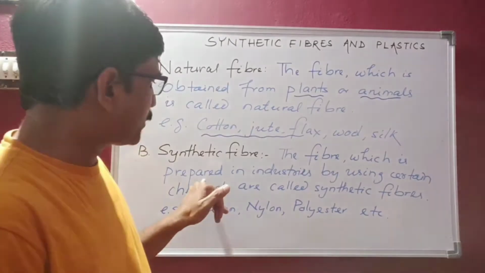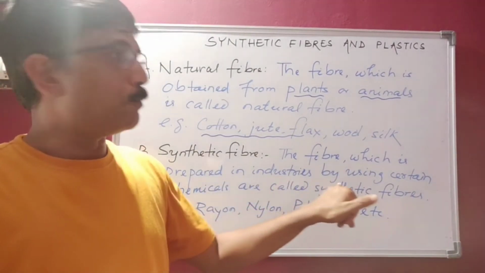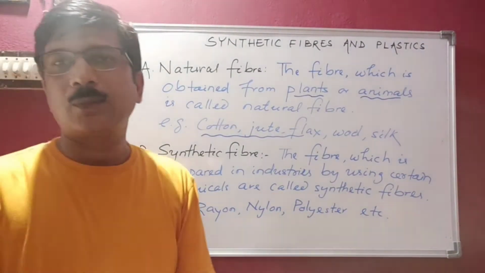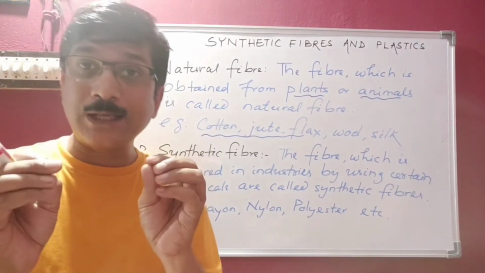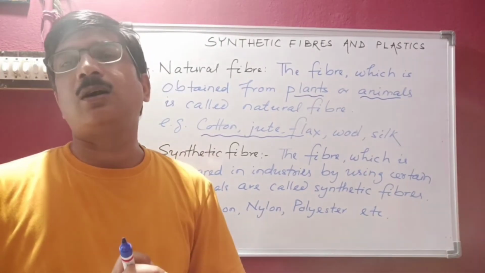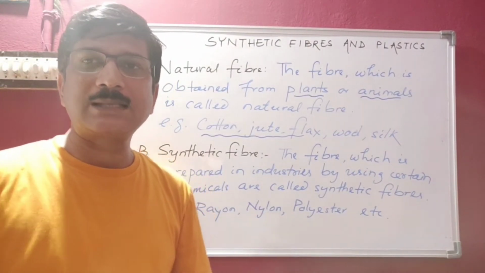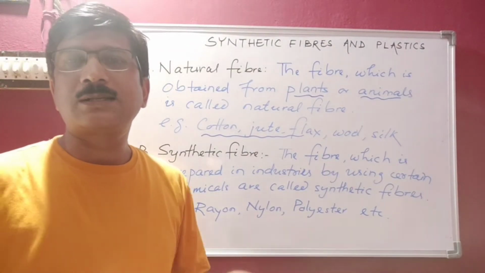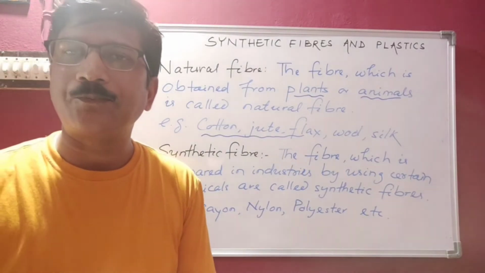The fibers which are prepared by human beings in industries by using certain chemicals or chemical compounds are called synthetic fibers or man-made fibers. The common examples of synthetic fibers are rayon, nylon, polyester, acrylic. Clear?